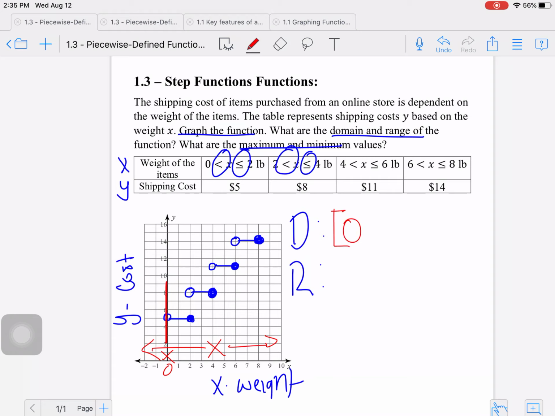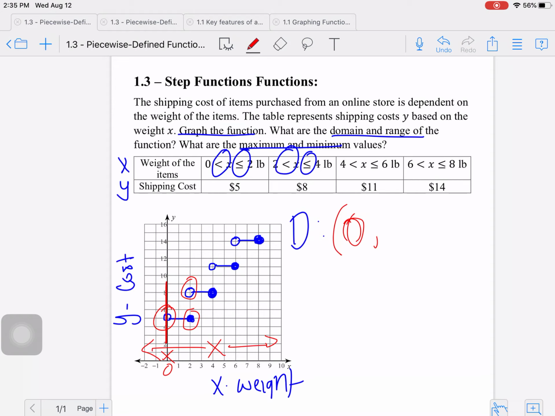And I'm gonna try to do both formats, that way you can see it. Now, notice that 0 is not included, so actually that's not gonna be a bracket, that's gonna be a parenthesis, because there's a hole at 0, which means that it is not included. Now, notice that at 2, there's an open circle and there's a closed circle. Because there's a closed circle, it kind of fills in the open circle, which makes that function continuous.